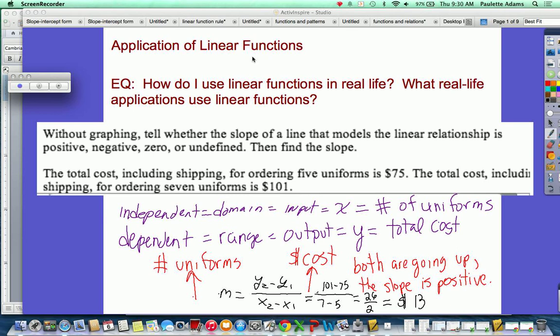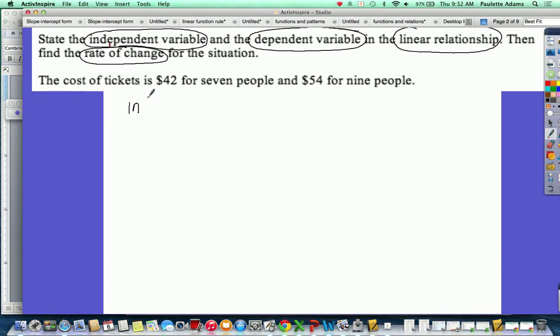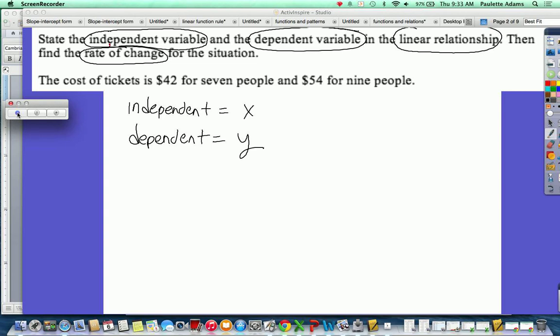We're going to use the slope formula, y2 minus y1 over x2 minus x1, to find our slope. So x is our independent, and dependent is y.